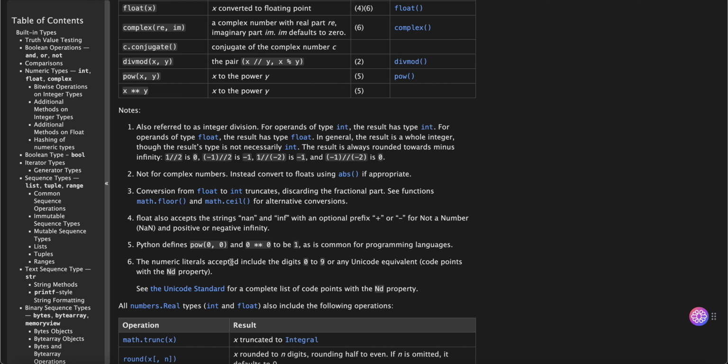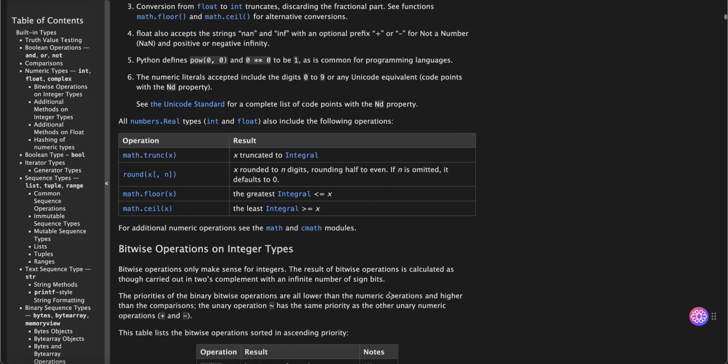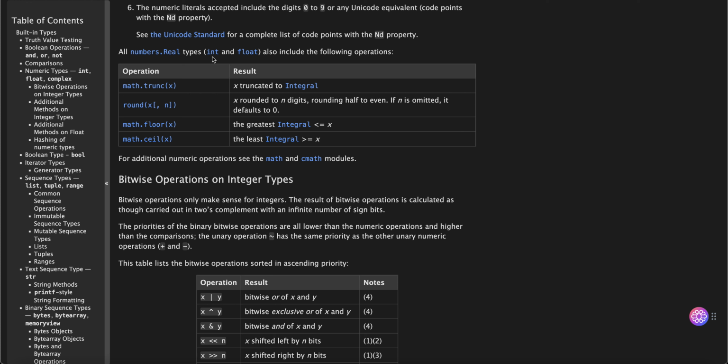The numeric literals accepted include the digits 0 to 9 or any Unicode equivalent code points with the Nd property. See the Unicode standard for a complete list of code points with the Nd property. All numbers.Real types, int and float, also include the following operations: math.trunc(x), x truncated to integral; round(x[, n]), x rounded to n digits, rounding half to even.